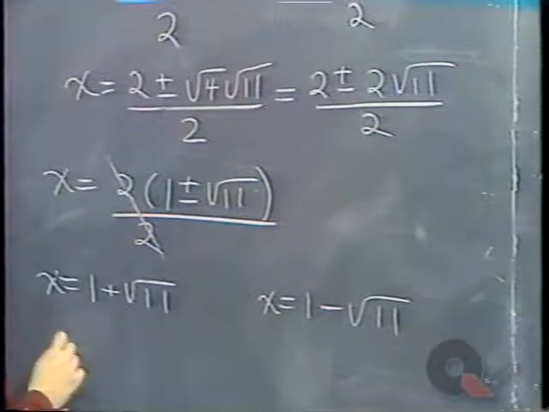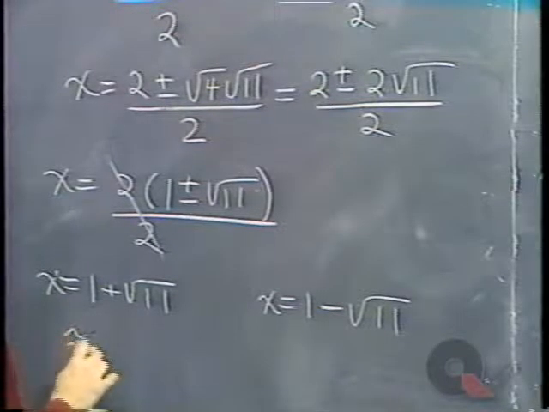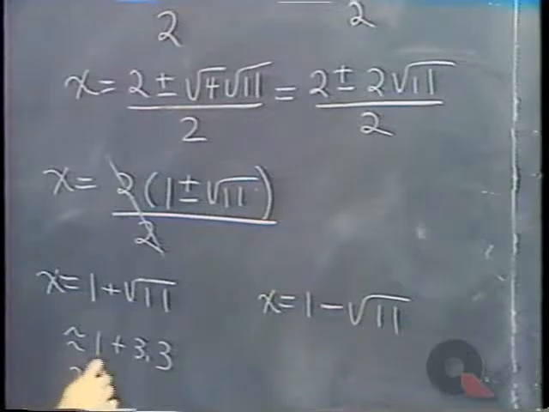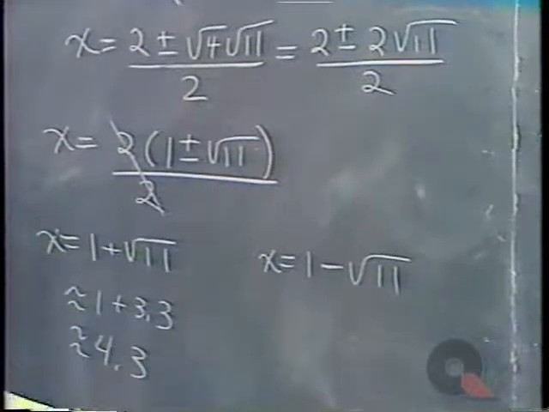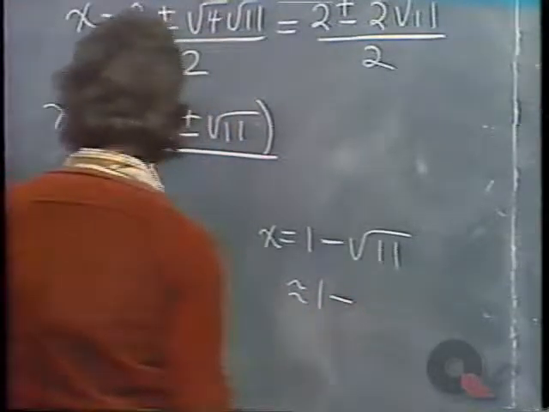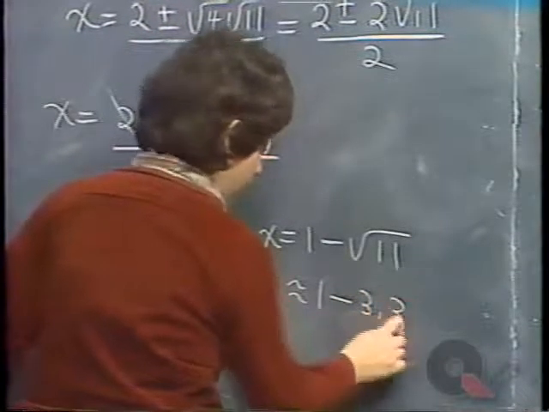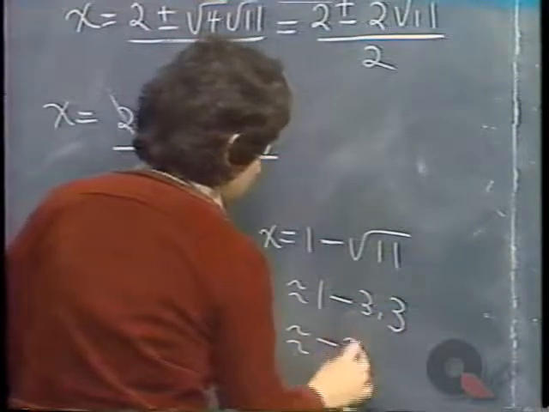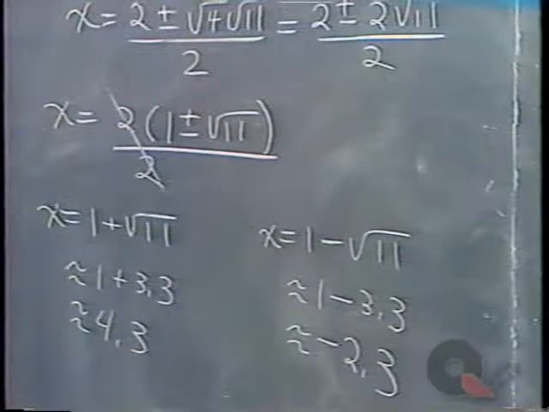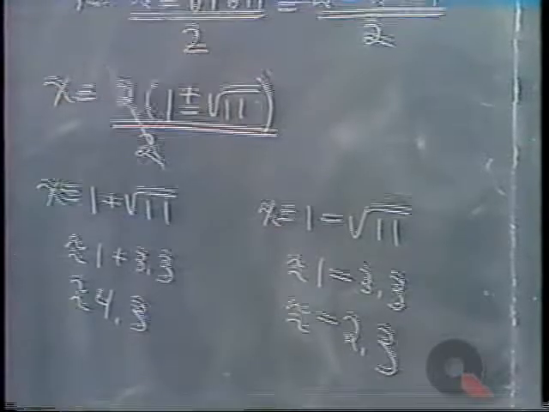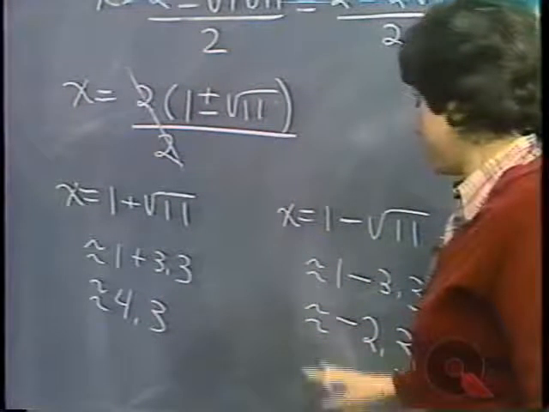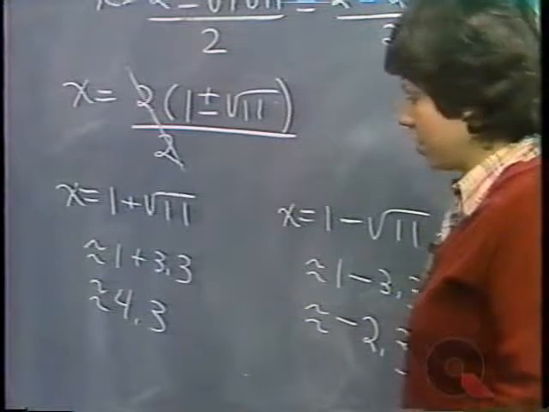So it's approximately 1 plus 3.3, or approximately 4.3 for one of the intercepts, and for the other one, 1 minus 3.3, or approximately minus 2.3 for that x-intercept. Okay, so we have the y-intercept, which is minus 10, and we now have two x-intercepts for this parabola.